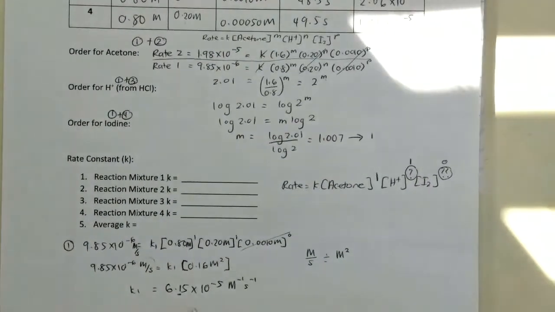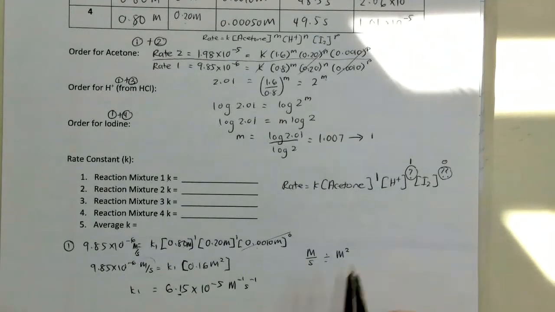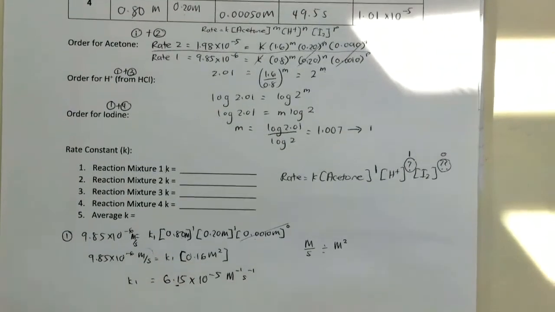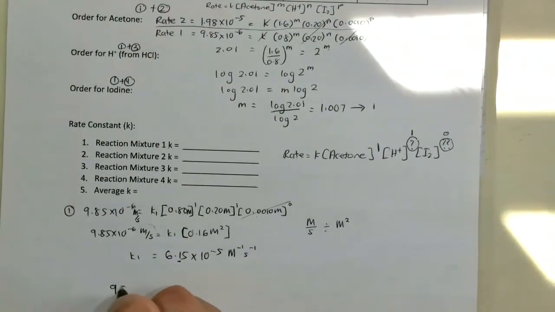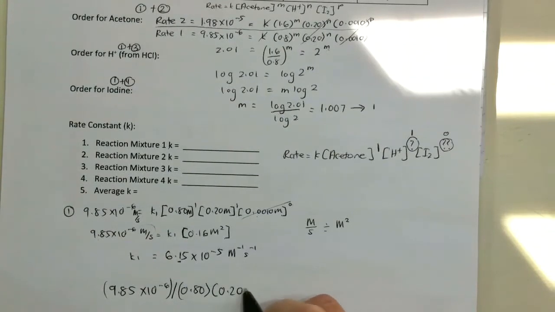One common error is sometimes when you're trying to divide, if you don't get the product of this first beforehand and you try to do it all in one step on your calculator, you need to be careful. Let me show you a common error here. 9.85 times 10 to the minus 6, and then you tell your calculator divide by 0.8 and 0.2.